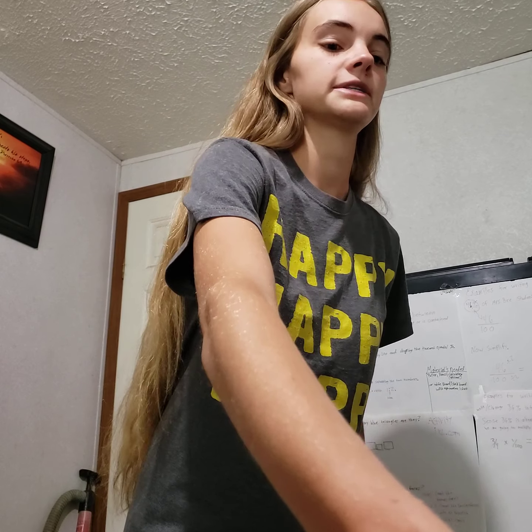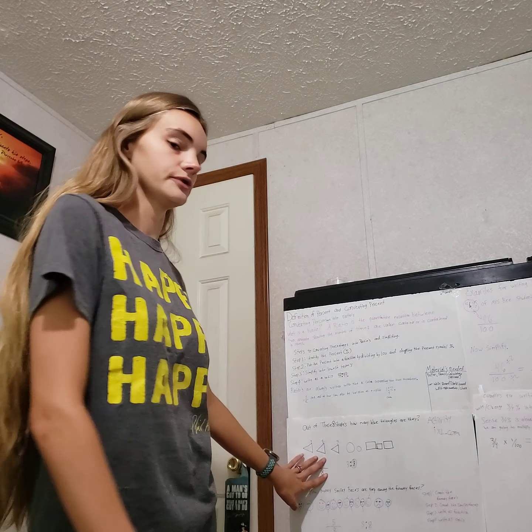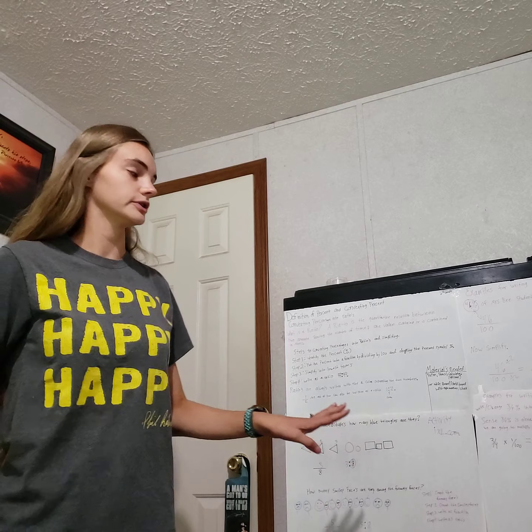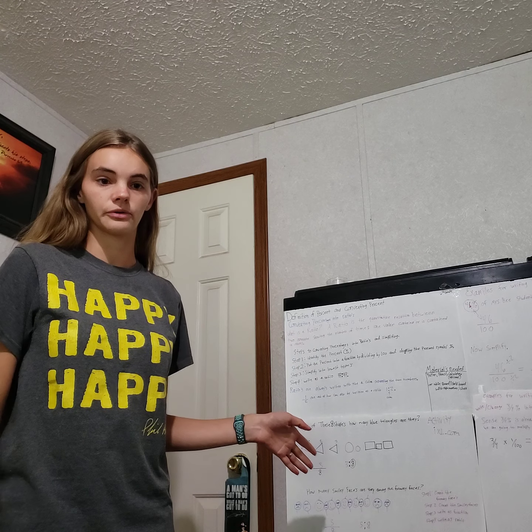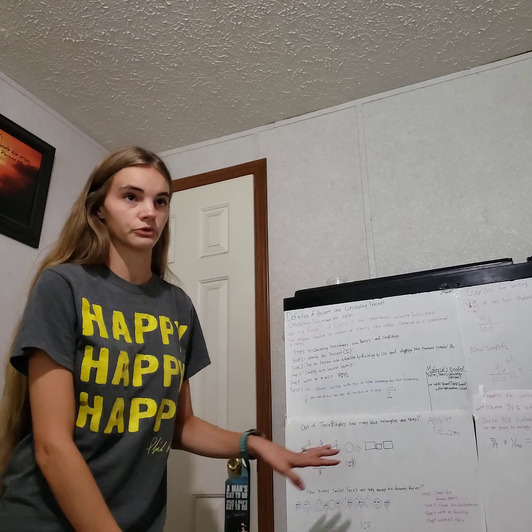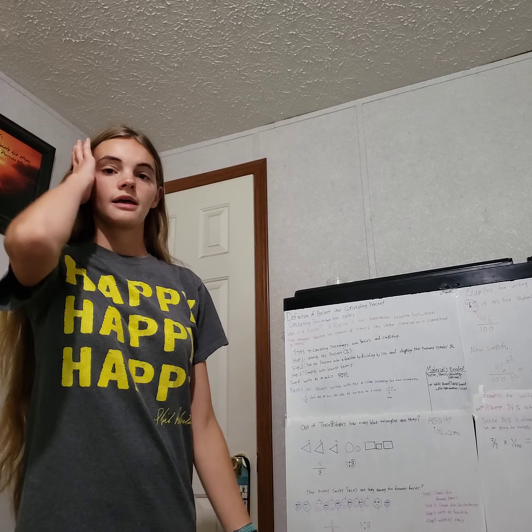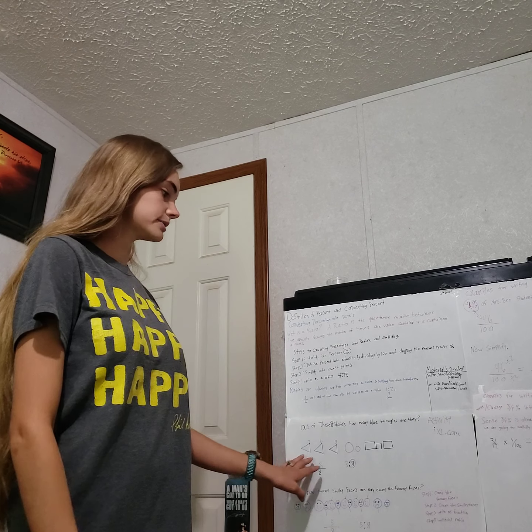Also, I have an end note that I wrote down. For a group activity, you can turn this activity into a group activity by allowing students to come up to the whiteboard or chalkboard, whichever you might have in your classroom, and work out a few problems together.